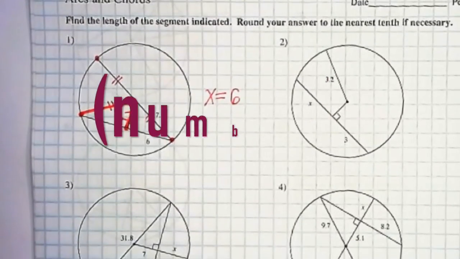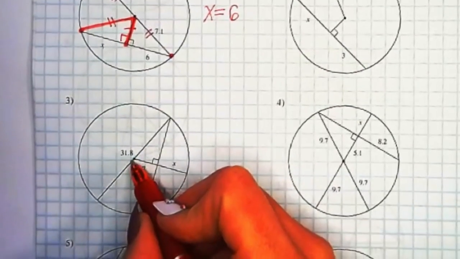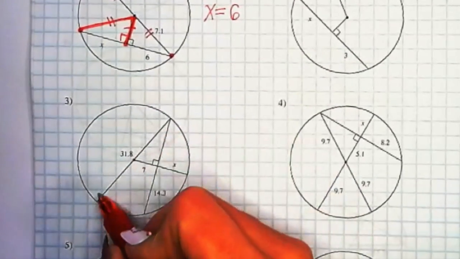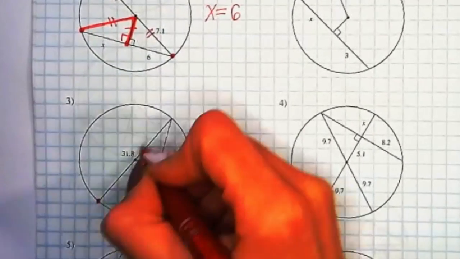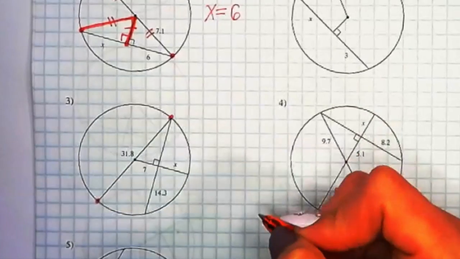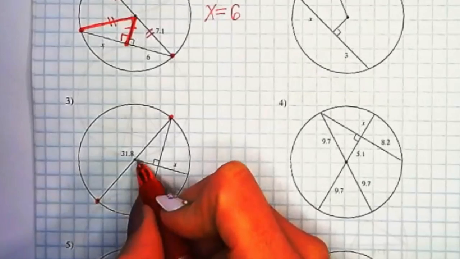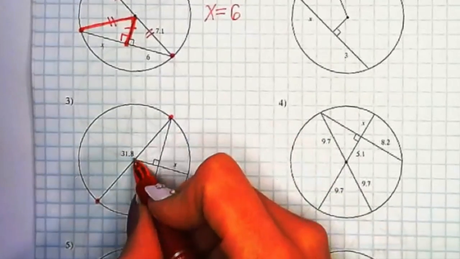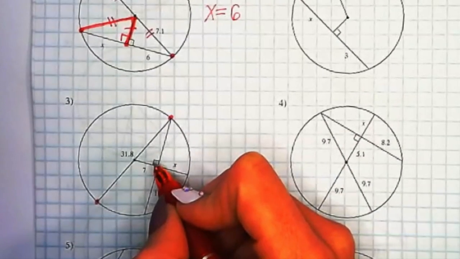What about example 2? 31.8, being labeled right here at this point, is telling me that this entire distance is 31.8, the diameter, from here until here. If I divide 31.8 in half, I will get the length of the radius, because the radius is half of the diameter.